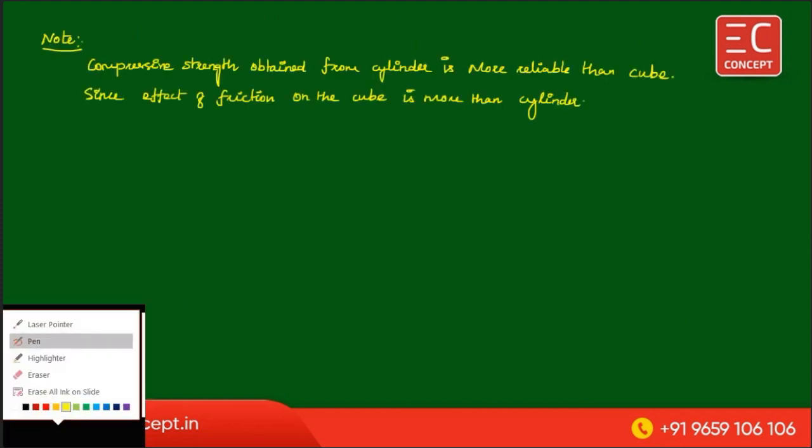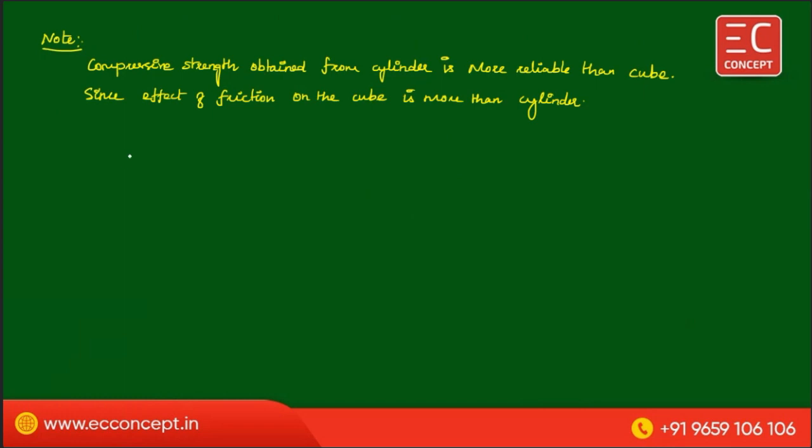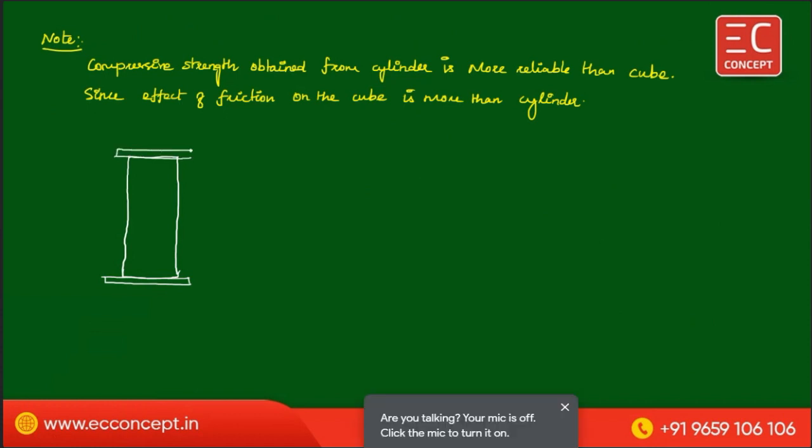If you look at the diagram, this is the cylinder. You know that during the test there is a plate we keep at the top and bottom, and this is the machine which is giving the load.